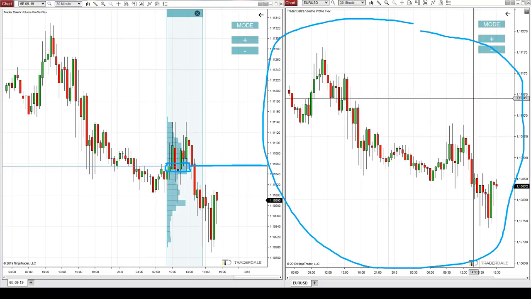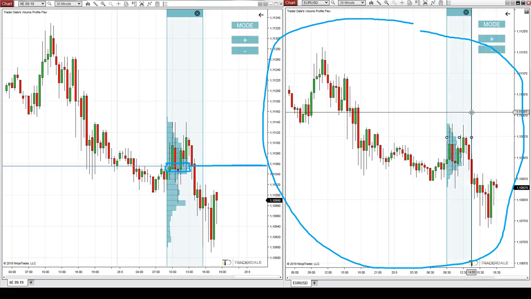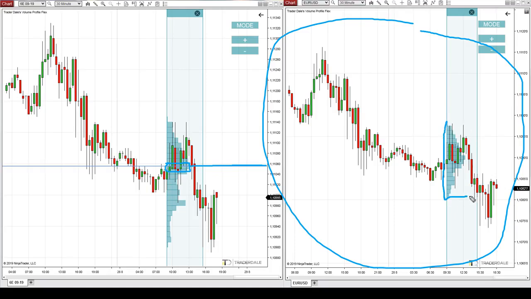How I do it is I select the same area with the flexible volume profile, like this. You select the same area, and then you look for the heaviest volumes in here. So this is the area we are interested in, all right? This is the same area. You can tell if you look at the price action that this is the same area.